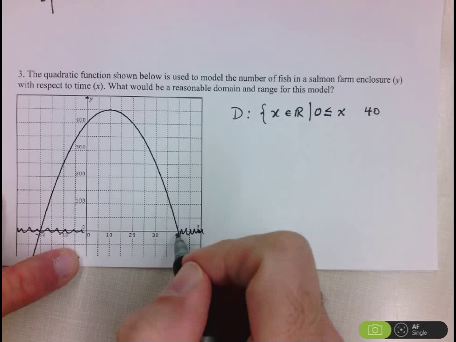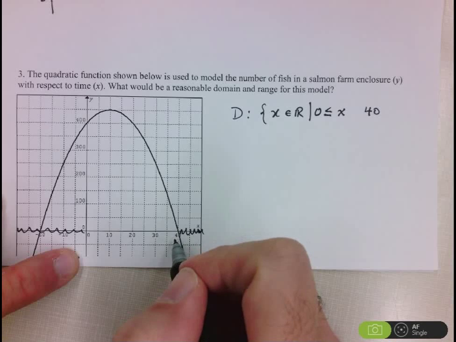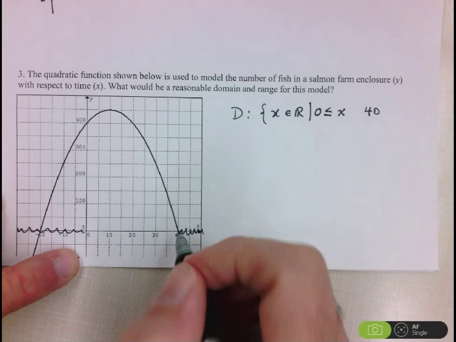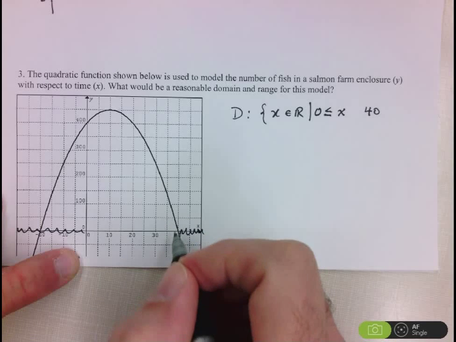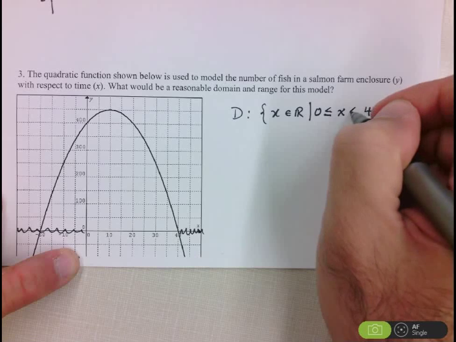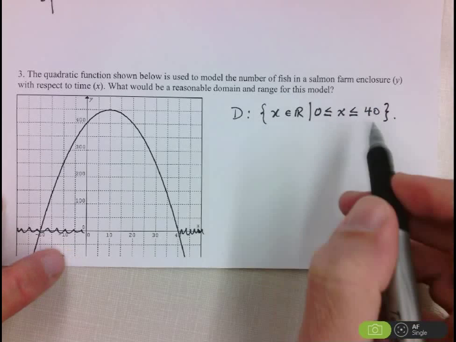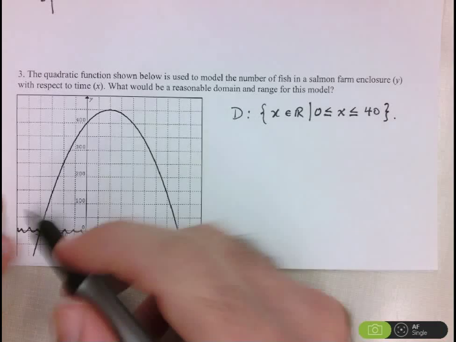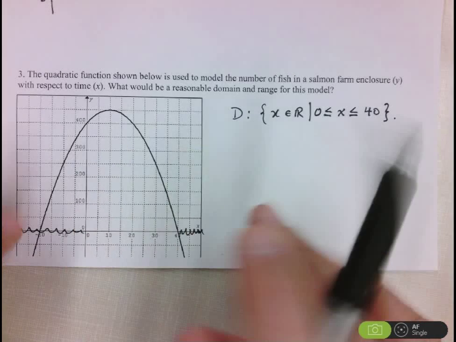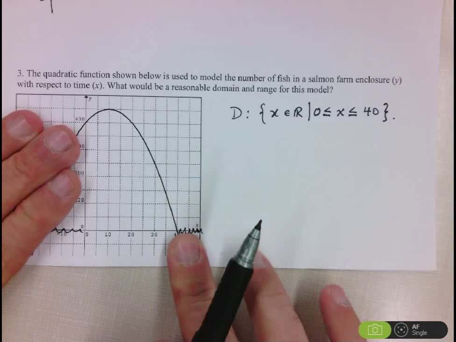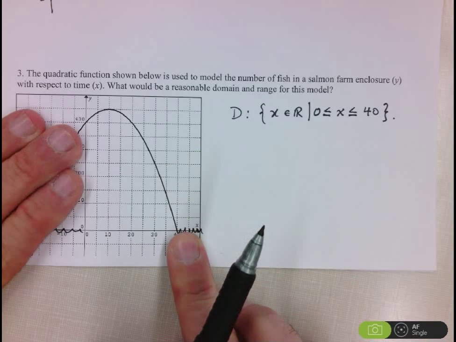And at 40 seconds or minutes or hours, that's when we have exactly 0 fish. So I'm also going to include the 40. So this would be a reasonable domain for this scenario. Even though we drew a full parabola, I'm really only interested in this portion of the parabola, where time is positive and the number of fish is positive.